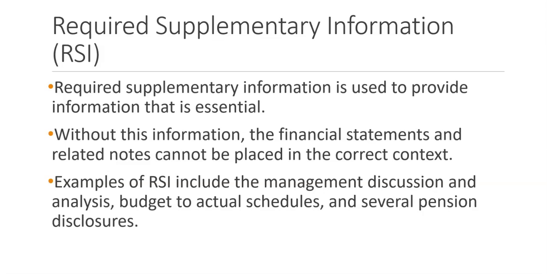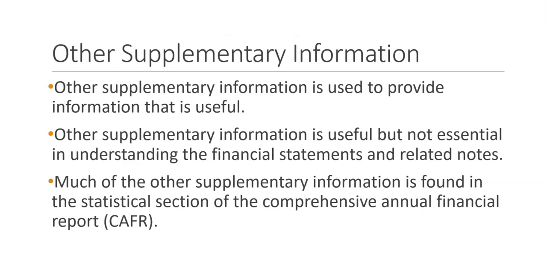Okay. Different examples of required supplemental information include the management discussion and analysis, the MD&A, any budget to actual schedules showing the variances, and pension disclosures if governments have defined pensions where they have to provide pensions for employees.